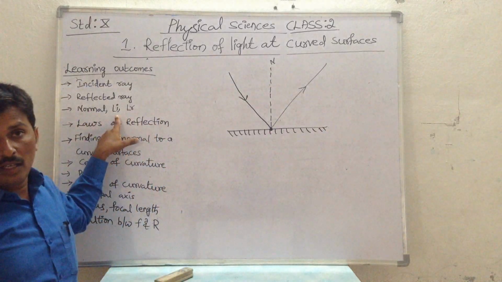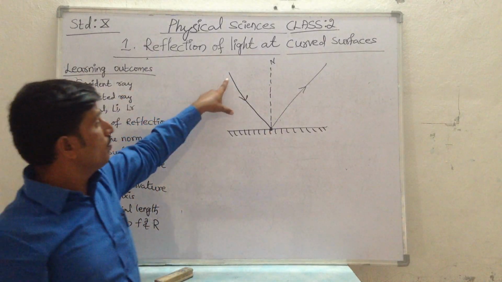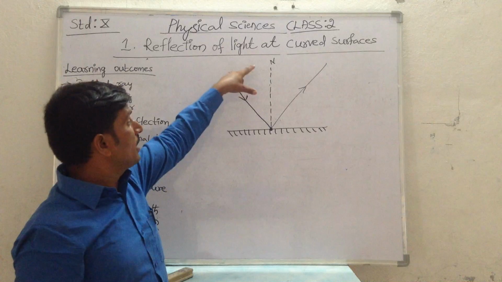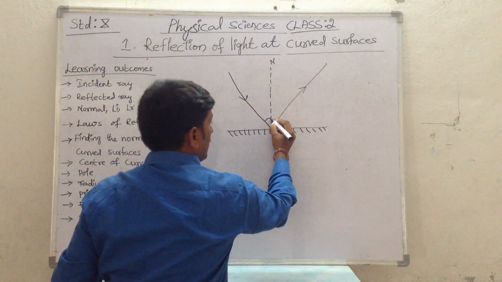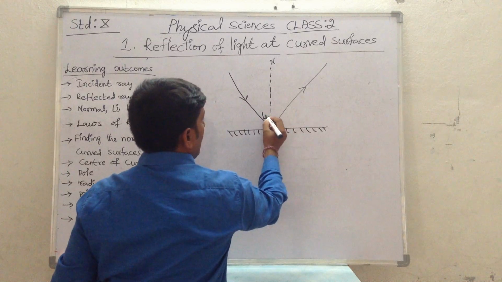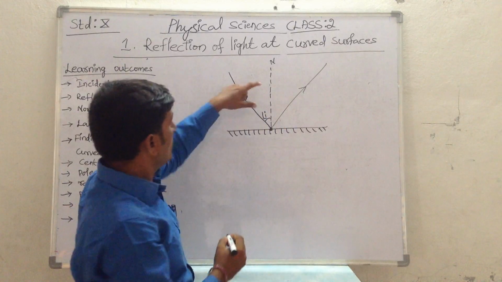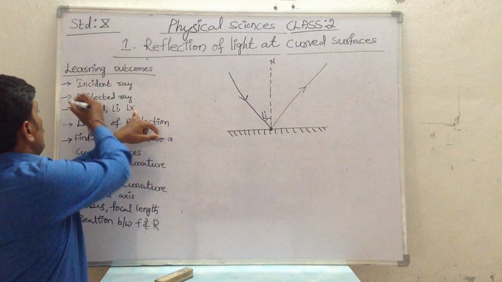And the next one is angle of incidence. The angle between the incident ray and the normal is called the angle of incidence. Here it is denoted by the angle I. The next one is angle of reflection.